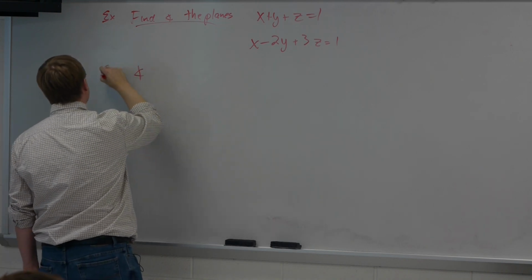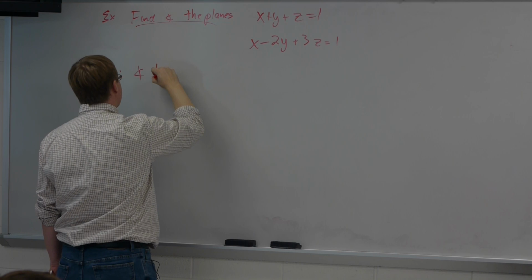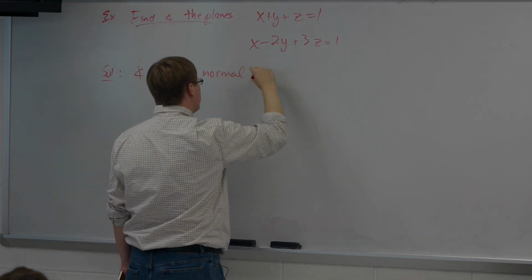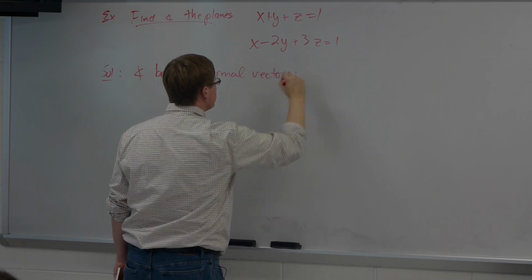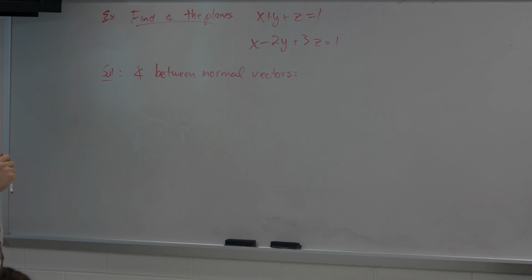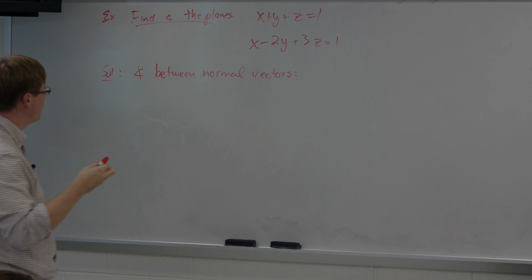So my solution is to find the angle between the normal vectors. And the nice thing about normal vectors is, from that formula we saw last time, the normal vector is just the coefficients of x, y, and z, because the plane is the dot product of n and r.